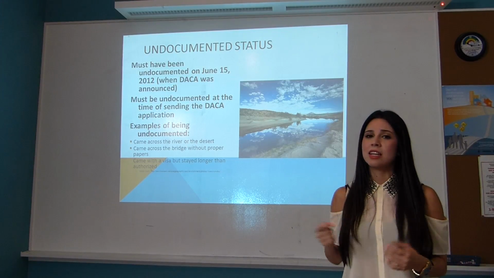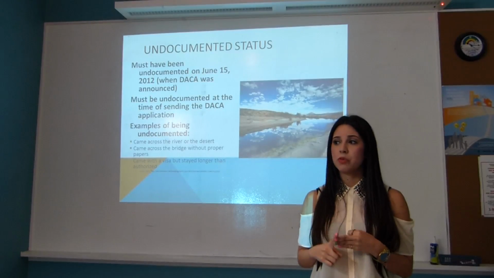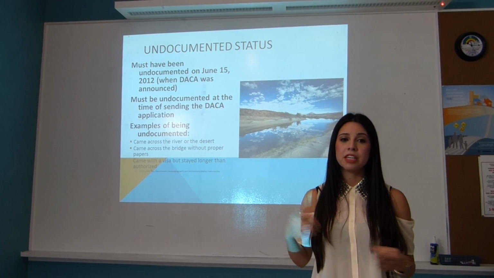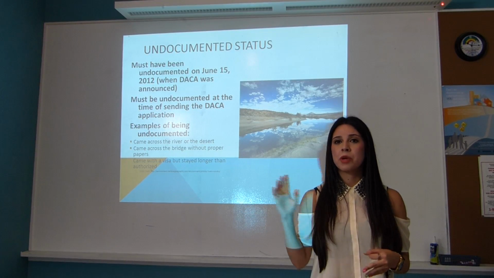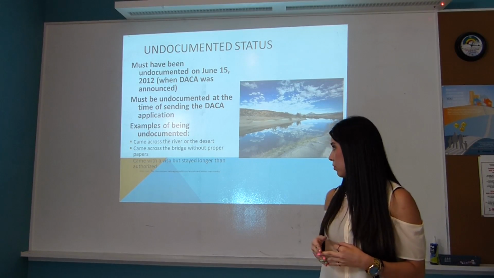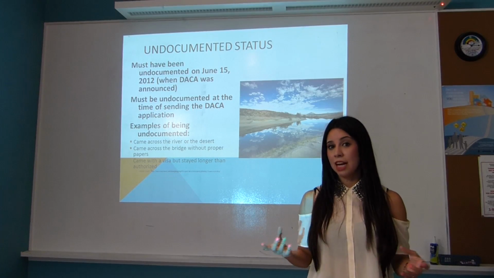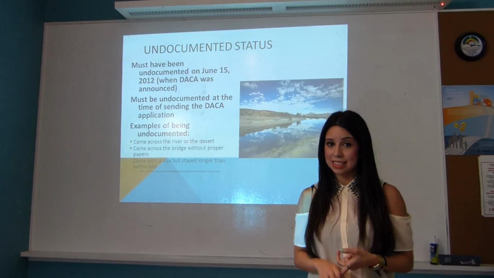Some examples of being undocumented is if they came across the river, if they crossed a desert, if they crossed through some kind of international port with someone else's documents, or they were waved through, and if they came with a visa but they stayed longer than the visa allowed them to, this means that they all have an undocumented status.